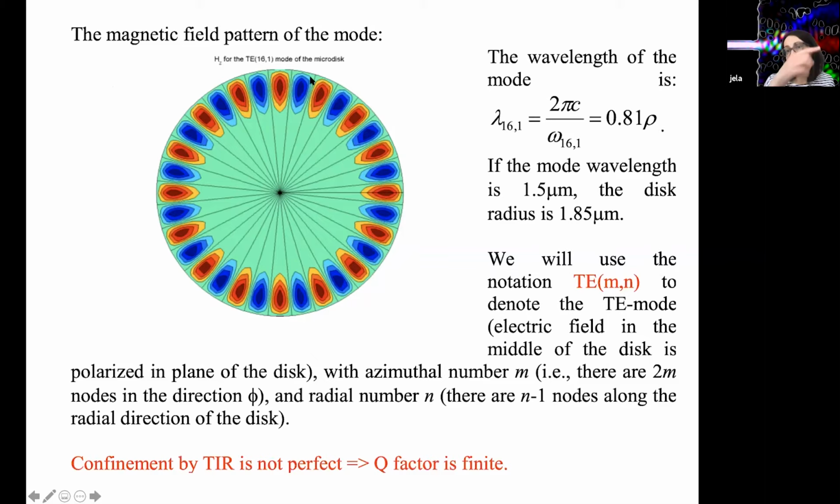And that's why m defines the number of reflections in the ray optics picture, which is of course not accurate, but for very large disks would work. But here it defines the number of zeros of the field, so you have 2m zeros of the field, or m positive and m negative lobes.